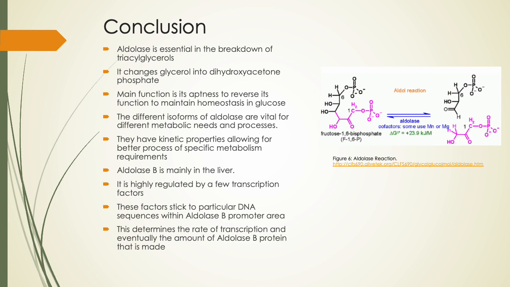HNF3 also influences aldolase B expression, but is not as influential. These factors stick to particular DNA sequences within the aldolase B promoter area. This determines the rate of transcription and eventually the amount of aldolase B protein that is made.